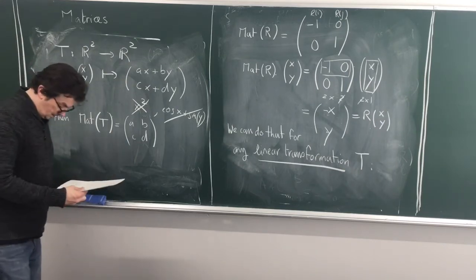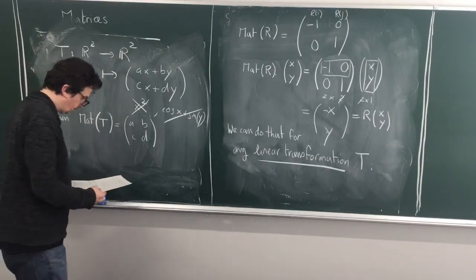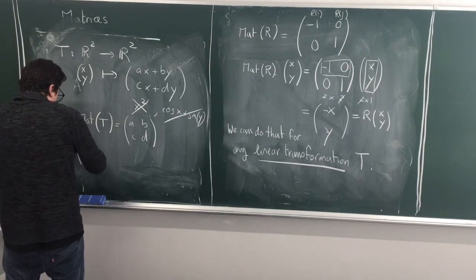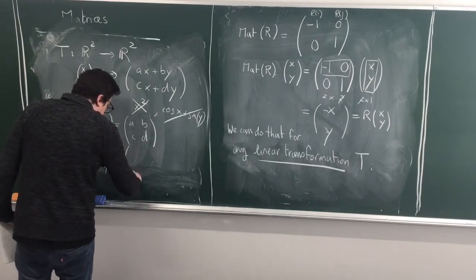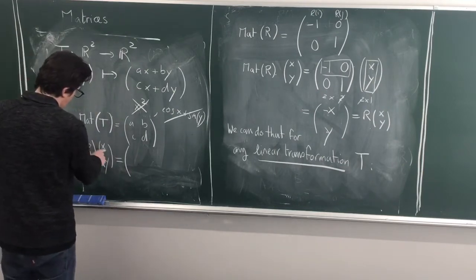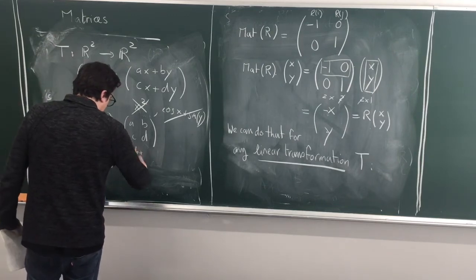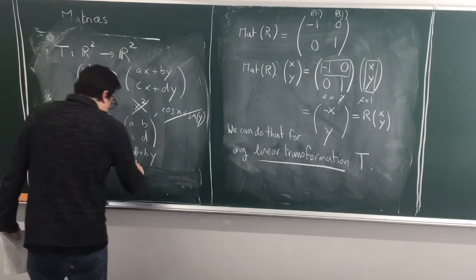Okay. Let's check this. Indeed, if we do the product of the matrix a, b, c, d with x, y, what do I get? I will get a times x plus b times y, and here I will get c times x plus d times y.